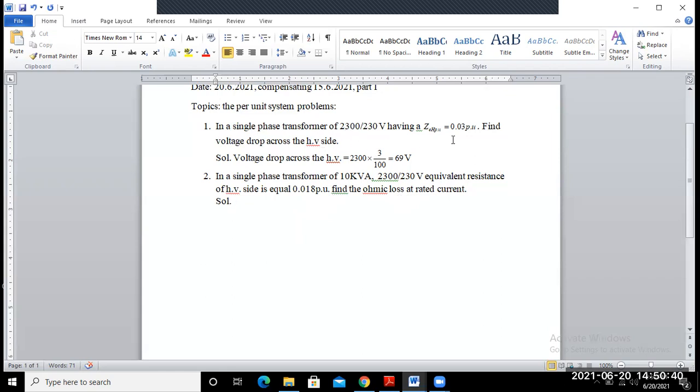So the per unit impedance value is multiplied with the HV side voltage, and for this problem the ohmic losses is equal to the per unit equivalent resistance of the HV side times the power rating, that means the kVA rating. So find the ohmic losses at rated current.